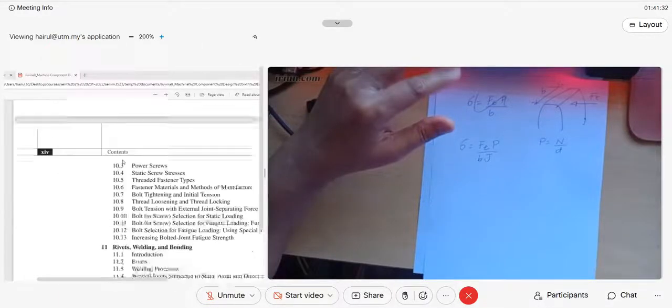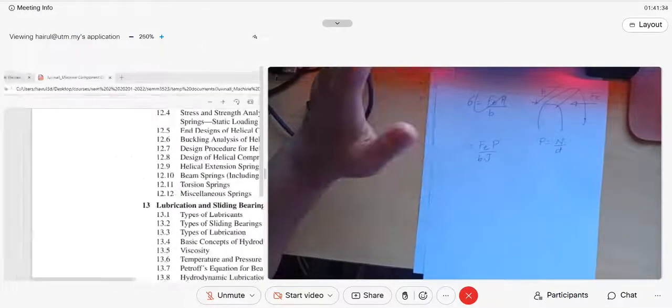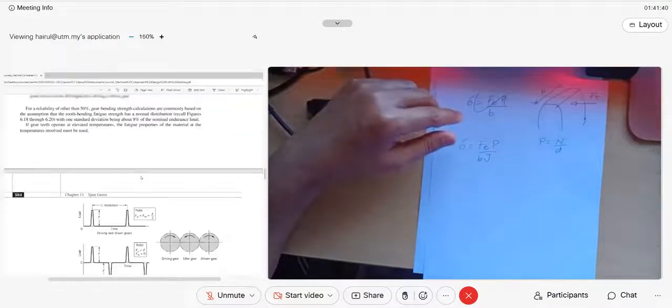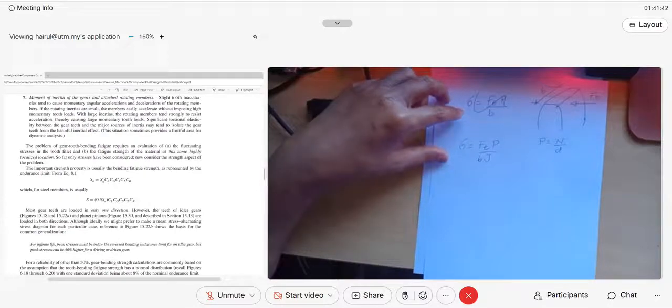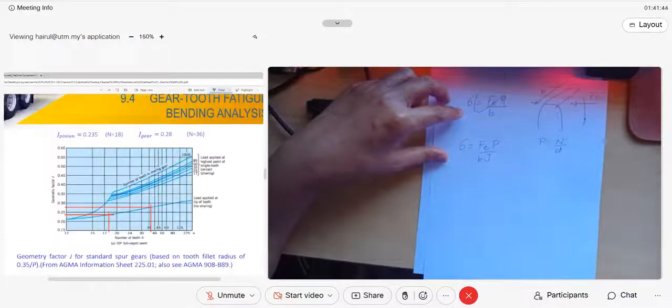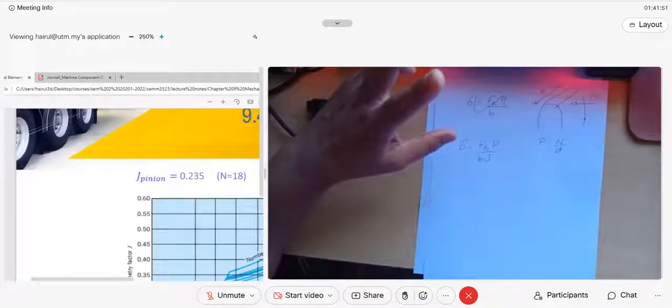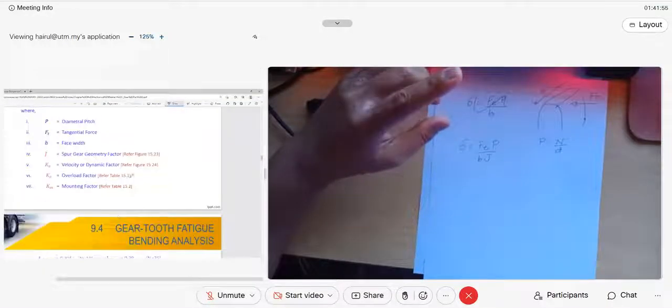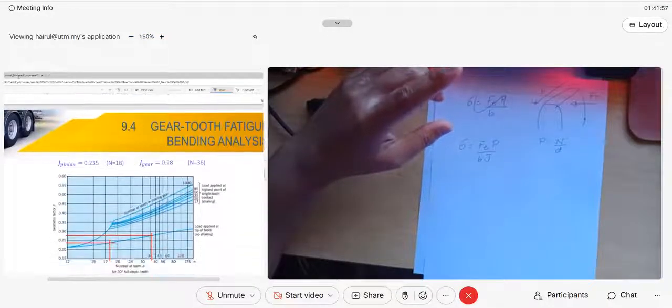Okay, chapter 15. Before this we only went up to gear forces. Chapter 15, spur gears, figure 15.23 in your textbook.